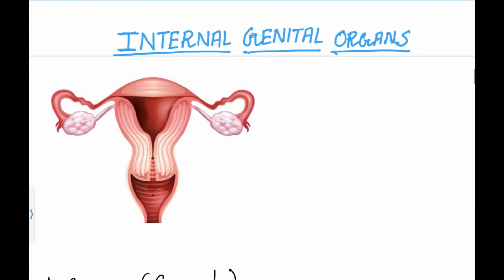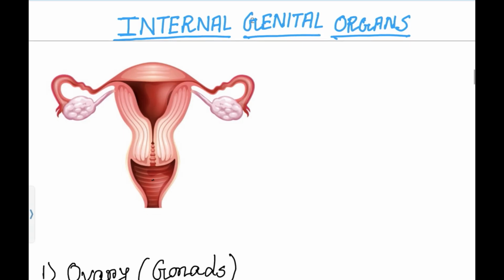Internal genital organs means those organs which are located in the pelvic cavity. So this is the female reproductive system, and here we will label what organs come under the internal genital organs. The first part is the ovary. Ovary is 2 in number.